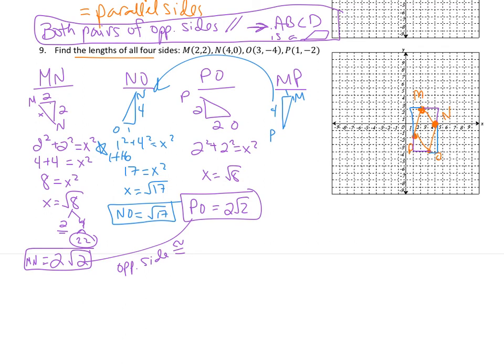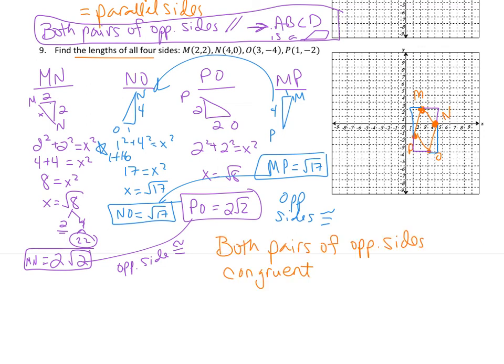We have an identical triangle, which means that side MP is also going to be the square root of 17. Again, those are opposite sides, and they will be congruent to each other. So we have two pairs of opposite sides that are going to be congruent. This tells us that MNOP is a parallelogram.